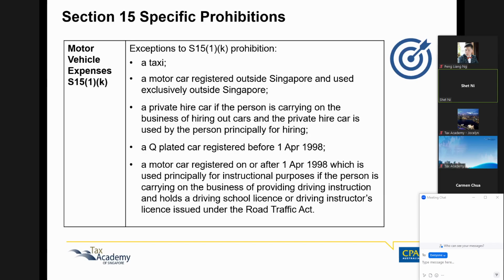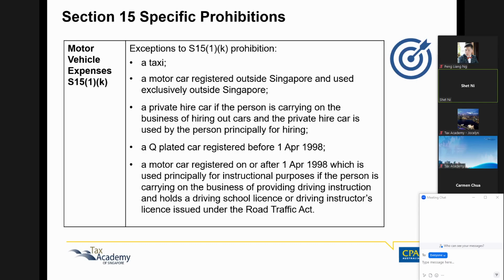Okay, the exception to 51K is if it is a taxi or it's a motor car registered outside Singapore and used exclusively outside Singapore. Or a private car, a hired car if the person is carrying on the business of hiring out cars. Then your Q plate car. Now we don't see a lot. Q plate car used to be cars that are registered under the company's name. Okay.